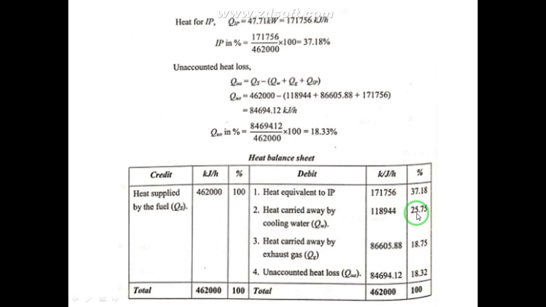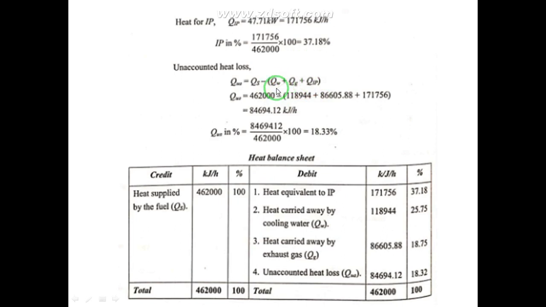Next one, unaccounted losses. How do we find the unaccounted losses? We subtract the liberated heat from the heat supplied. The heat is liberated in the cooling water, exhaust gases and indicated power.